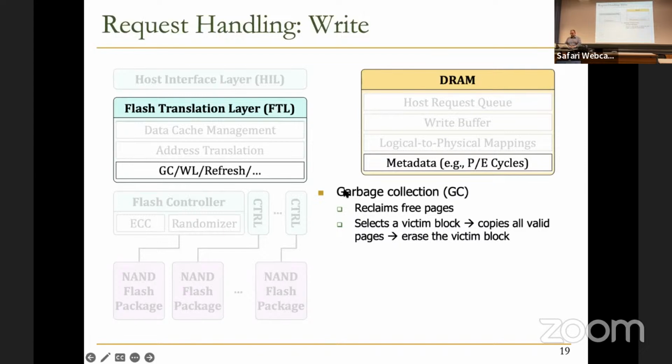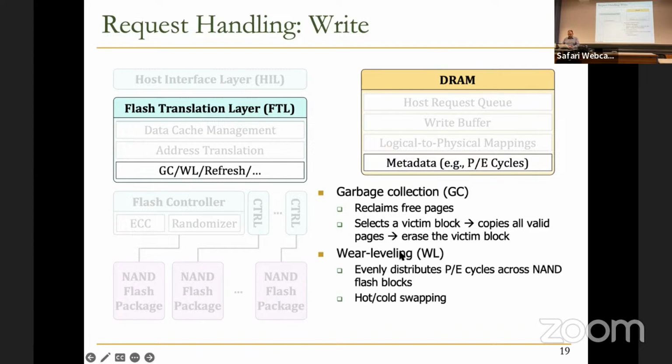And so you need to reclaim free pages. That's the job of garbage collection. Basically, garbage collection selects a victim block, and then it needs to copy all valid pages to the free pages that you already have, and then you can erase the victim block to make another available free block. But we're going to see a lot more.